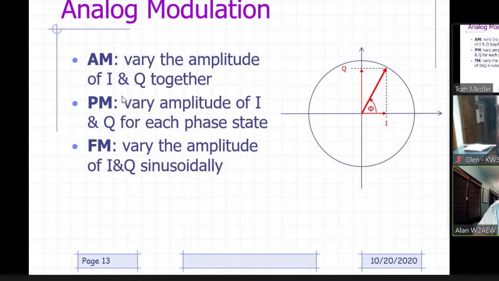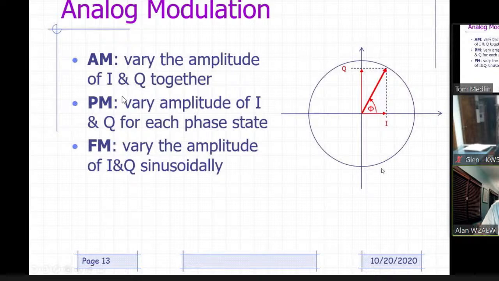FM is where you're typically varying the I and Q sinusoidally, because a frequency modulation would be represented in this phasor diagram by this vector rotating around, either clockwise or counterclockwise, around the circle. The speed at which it rotates tells you essentially what the frequency deviation is. If you're not rotating, you're static. You essentially have a continuous carrier that's not being modulated.